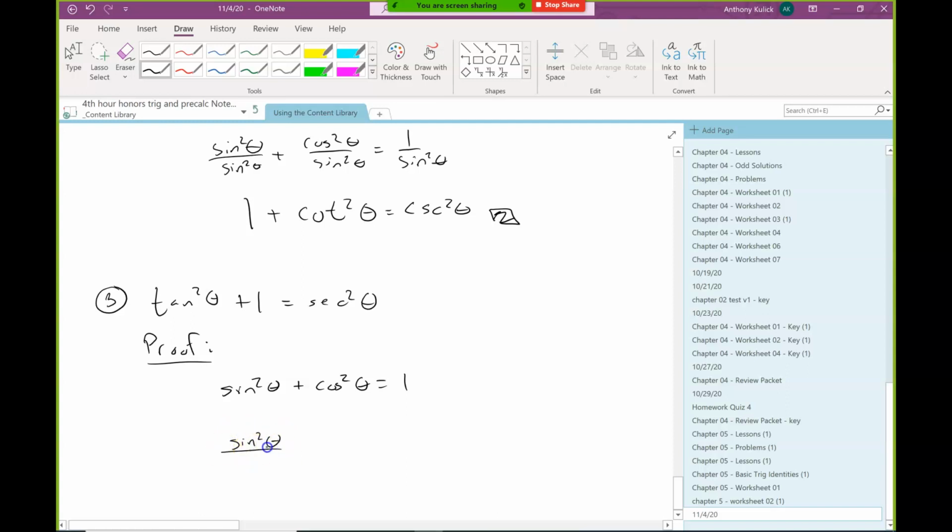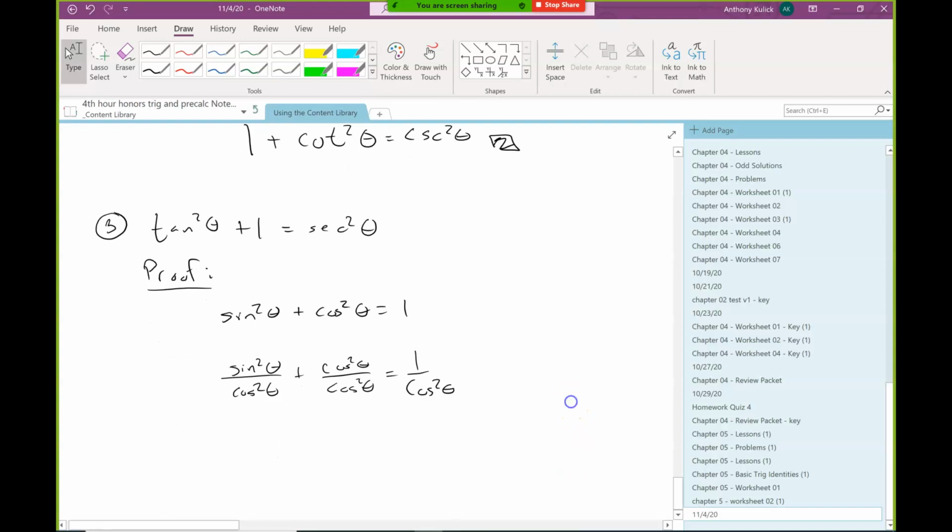Now, sine over cosine was tangent, so sine squared over cosine squared must just be tangent squared. Cosine squared over cosine squared is just 1. 1 over cosine was one of our reciprocal identities, that was secant, so 1 over cosine squared must be secant squared. And that's what we're looking for. So that proof is done.